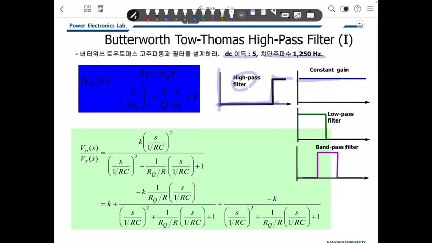If this is a constant gain, and this is a low pass filter, and this is a band pass filter, then if we remove this form from here, the remaining thing is this form.